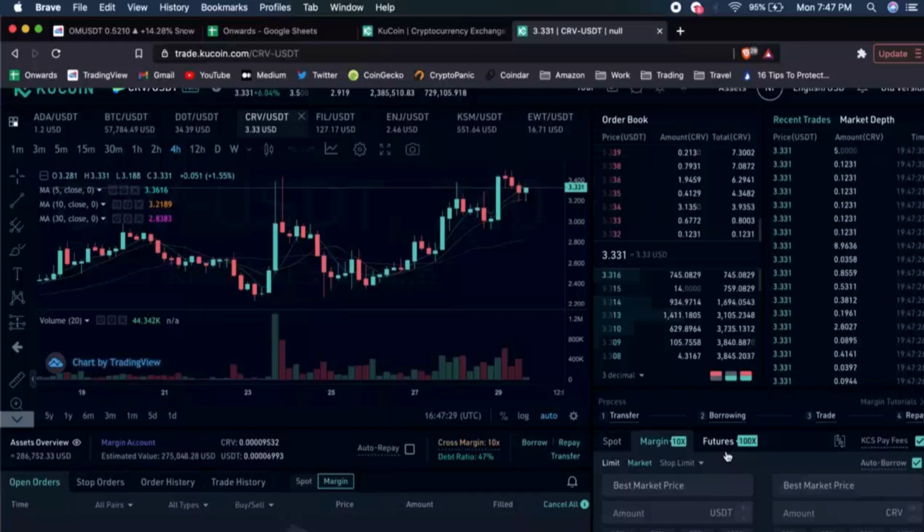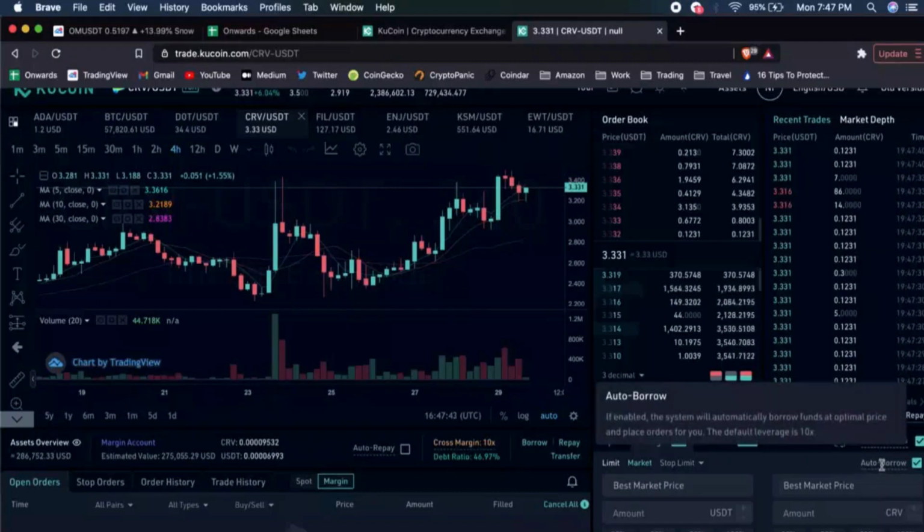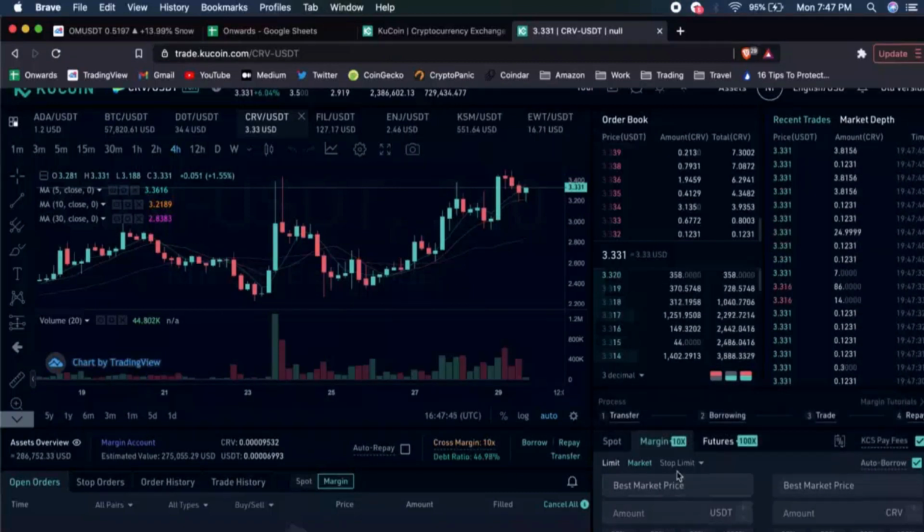I'll show you how to do that after. Take out a loan in USDT and then just go buy with that loan. And then, when it goes up, you sell and then you pay back the USDT that you owe. Or you can just come to the trader, auto borrow, and enter a position and it'll auto borrow.